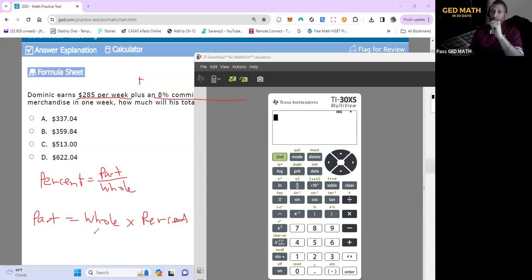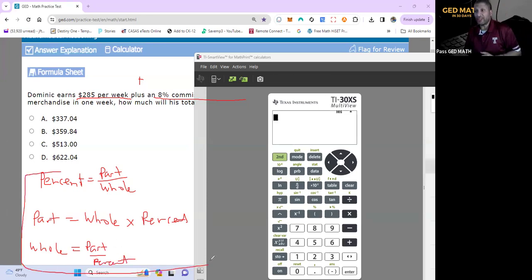And then to get whole by itself, I divide by percent. So whole equals part divided by percent. So those are the three. Well, it actually is four, because you should also know percent change, but we're not doing percent change right now.